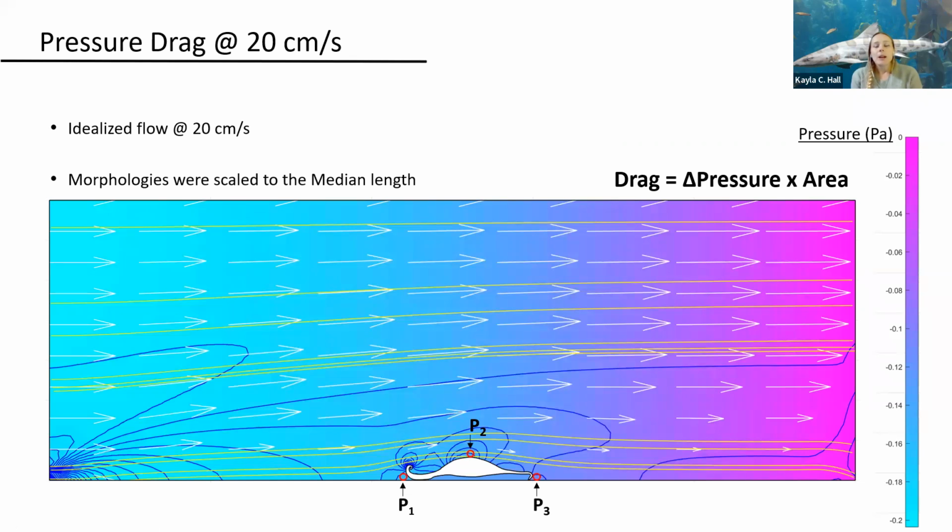So in order to compare our models of theoretical drag and the CFD computed drag, we gathered the pressure differences across the anterior, top, and posterior of the egg case seen in P1, P2, and P3. So we did this in order to calculate the pressure differential across its cross-sectional area, which gives us the drag force of our scaled egg cases.